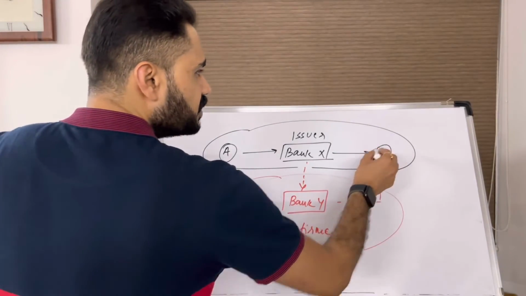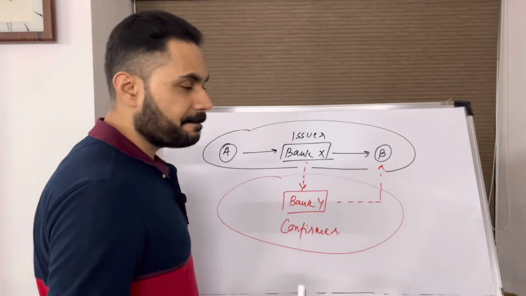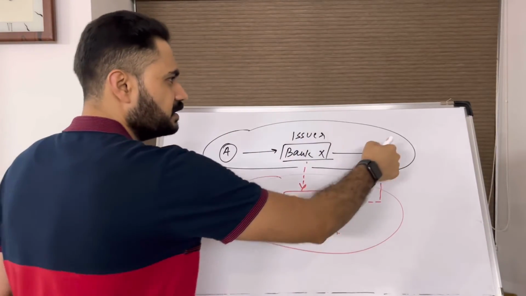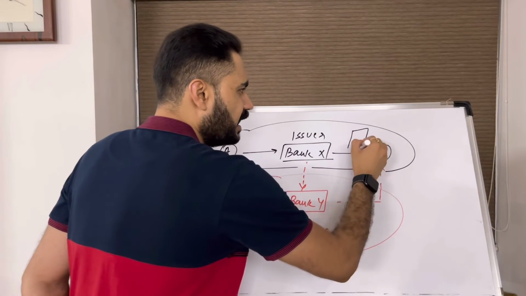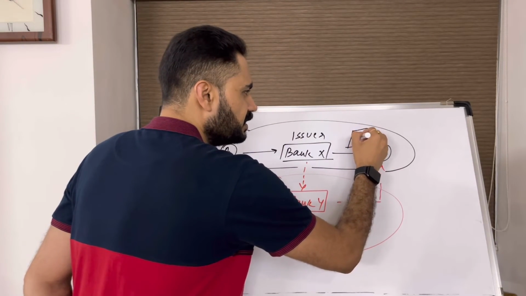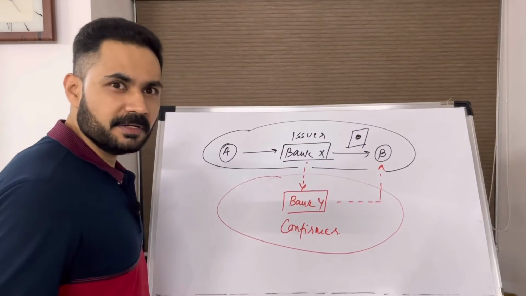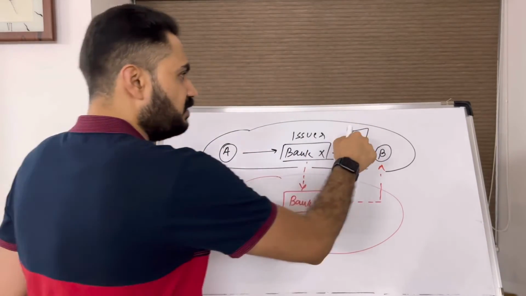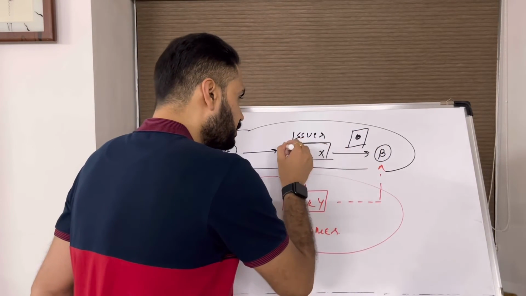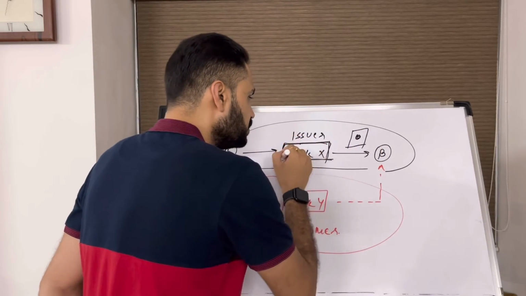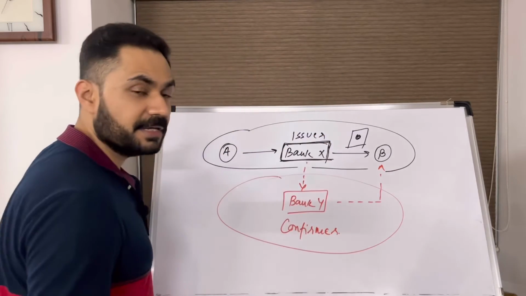So if the beneficiary wants to present the documents, in this particular case, the beneficiary will present the documents at the address which is mentioned in the undertaking, or if no address is mentioned in the undertaking, then at the place which issued this particular undertaking.